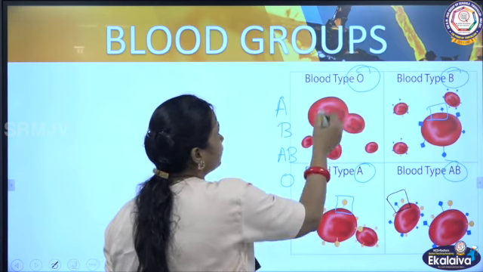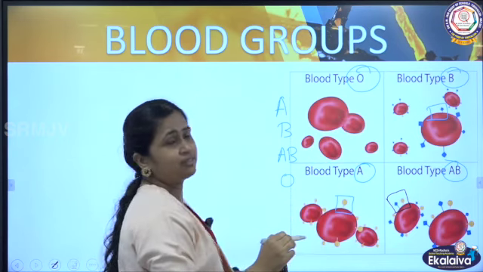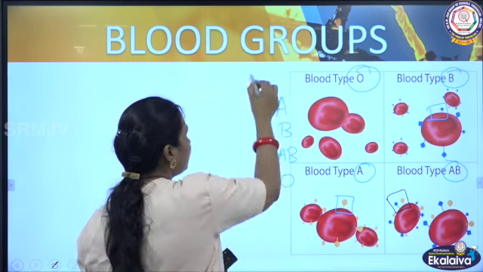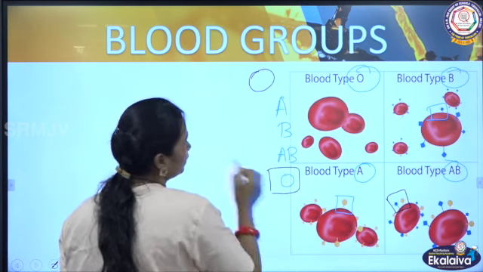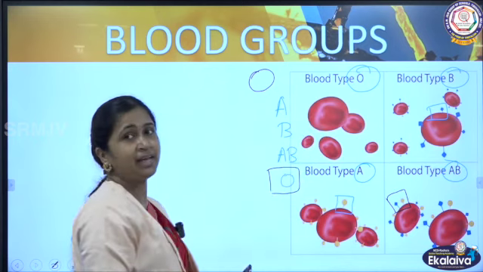Now, in this blood group, there is no such antigen. It is nil, 0. Because of that, they are indicating as O blood group, absence of the antigen.